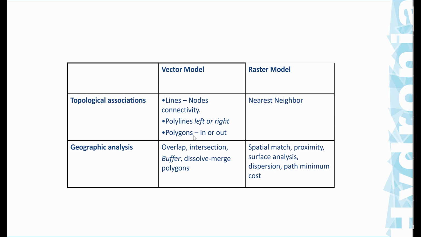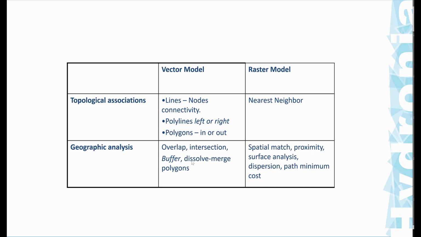And in polygons, you can detect whether a given point is inside or outside. The only thing you can do in terms of topological associations with the raster model is the nearest neighbor, and it has some limitations as well.